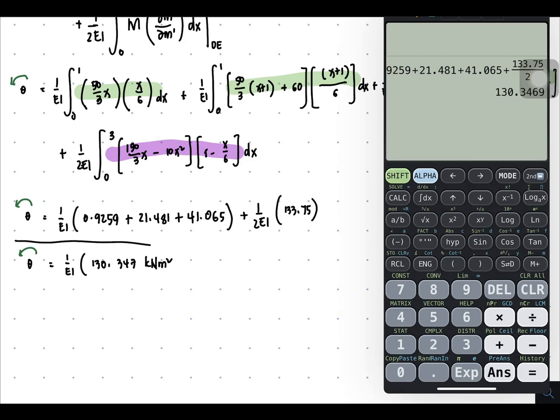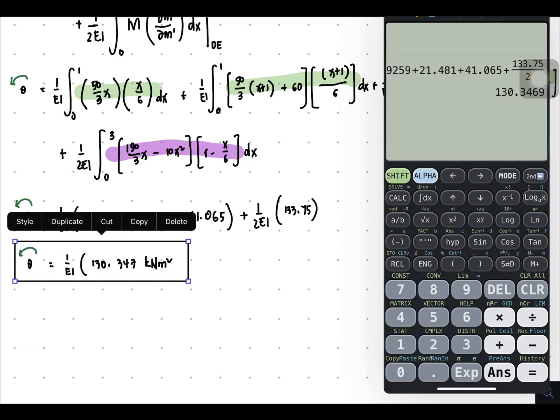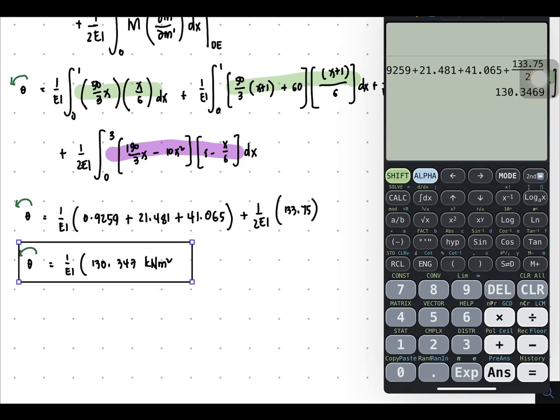The unit is kilonewton square meter. And we obtained a positive value, so our slope assumption is correct. So let me just have the label here. Slope at the right support.